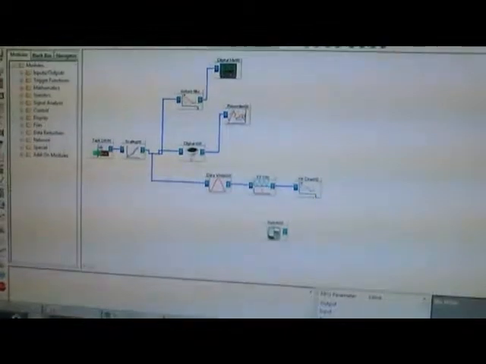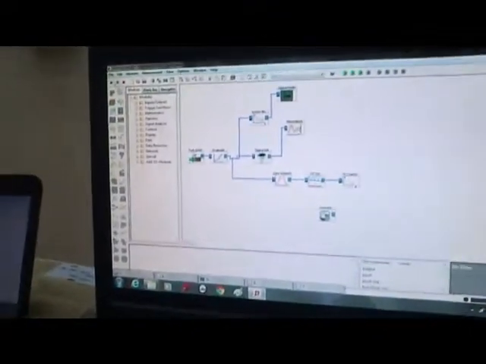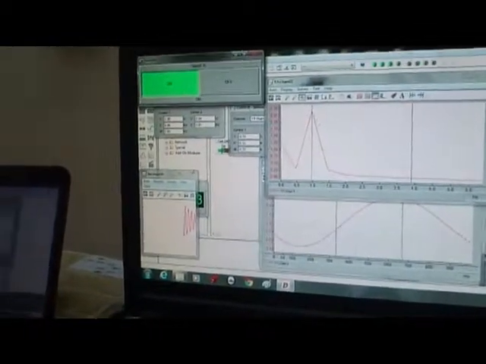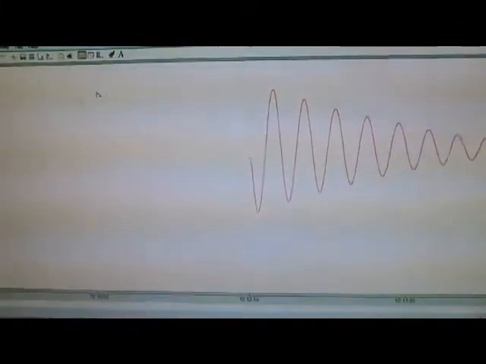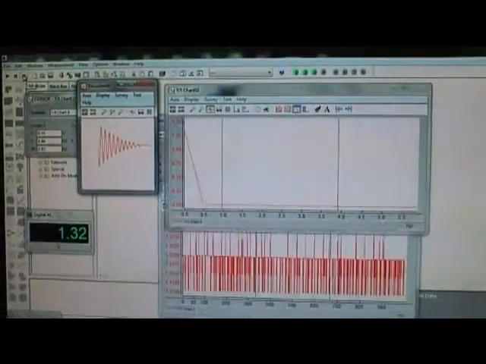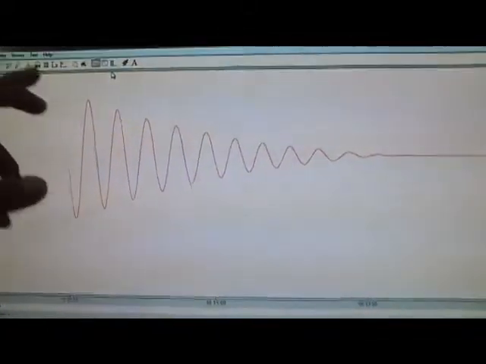To determine the decay rate, first we give force to the system, and then we click play. This is the graph of the decay rate. We click the stop button, and then this is the graph.